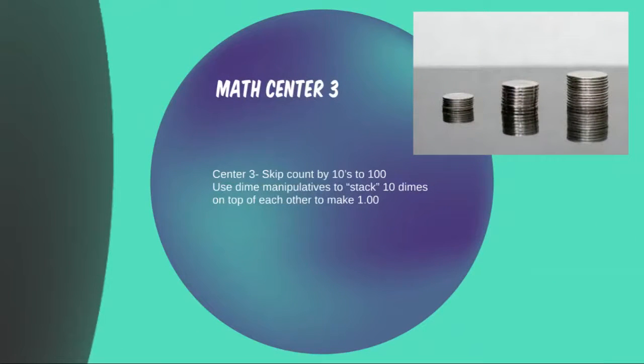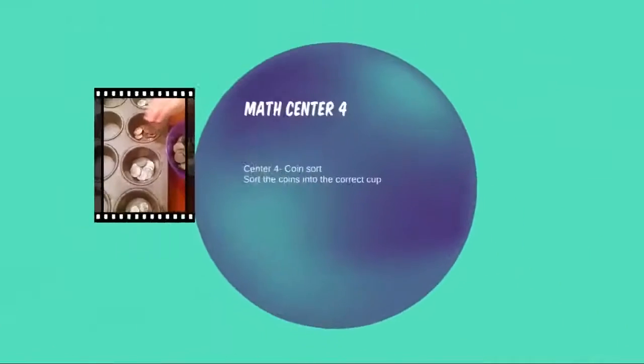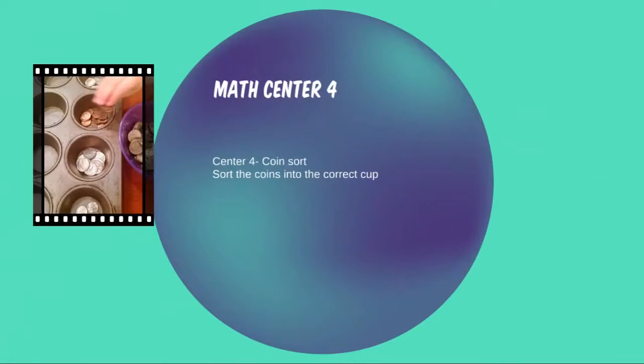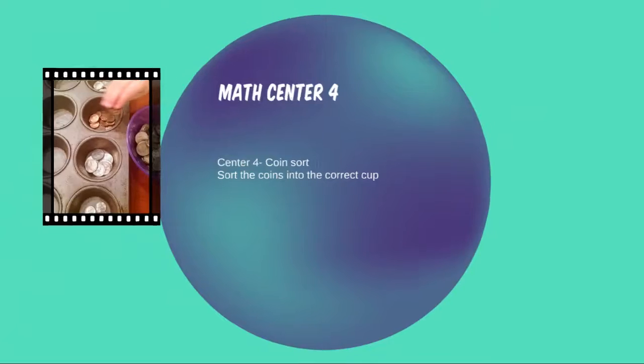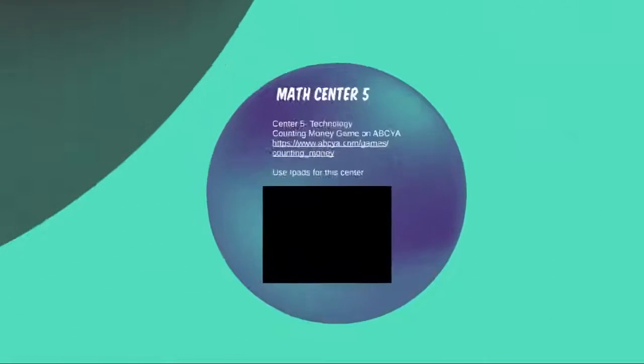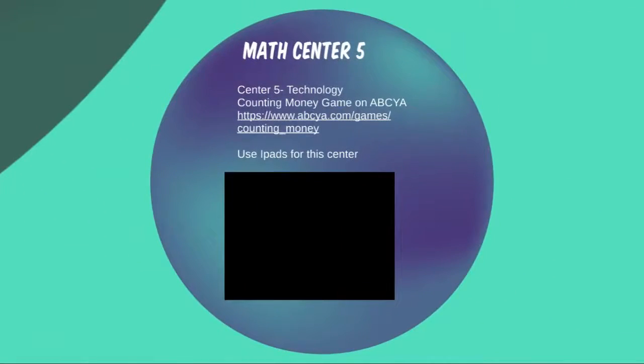Center 3 is stacking dimes by 10s to make a dollar. Center 4 is a coin sort where you sort the coins into the correct cups. And Center 5 is a game on the iPad, ABC for counting money, and there are also different levels on this. This is a video that has to do with the ABC.